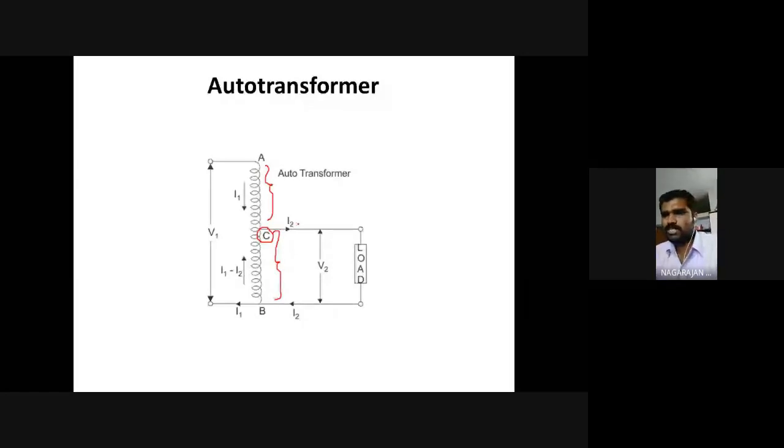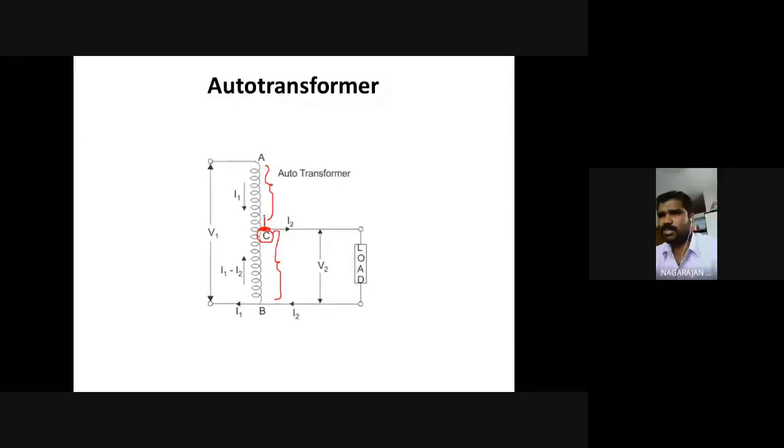The point where C is provided is called a tapping point. This tap can be moved by rotating a knob or something, whichever is given in the auto transformer. Just by adjusting this, I change the number of turns.